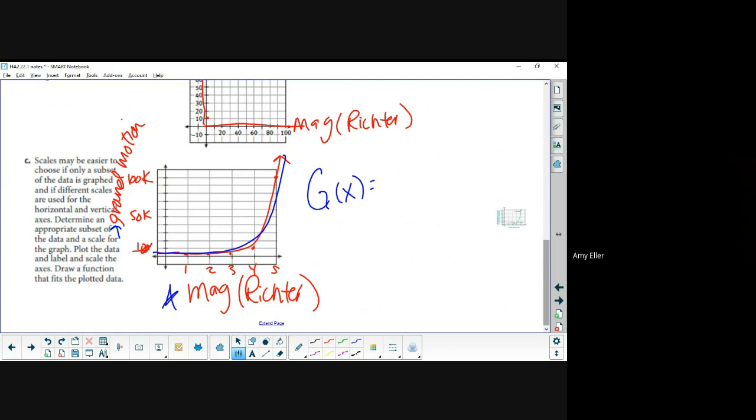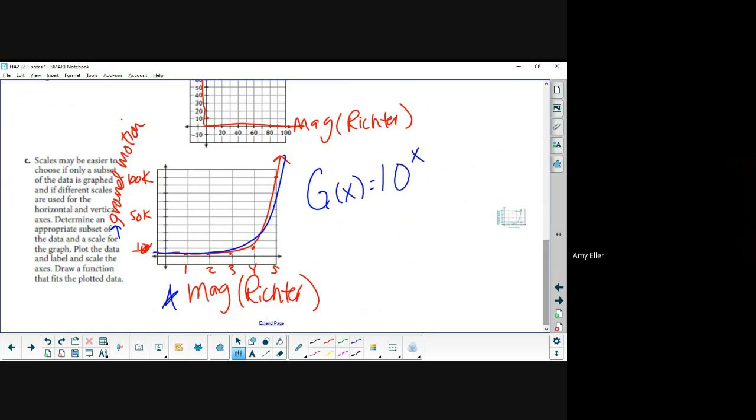Jordan, you got a function there? 10x, or no, 10 to the x. There you go, yep, because this would be linear. 10 to the x power. If I plug in 2, 10 to the second is 100, plug in 3, 10 times 10 times 10, 1,000. Yes. Exponential. Now, question 7 is going to ask us to compare this graph with m of x.